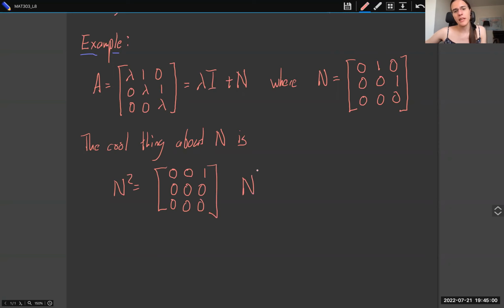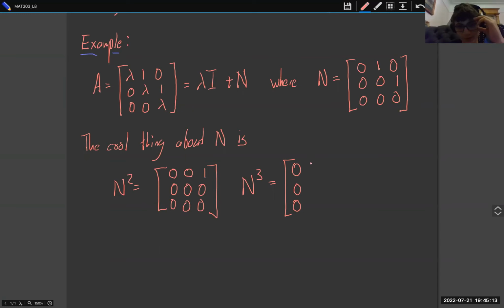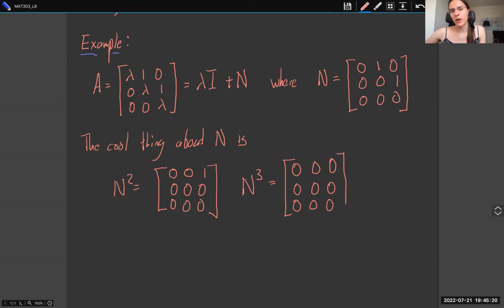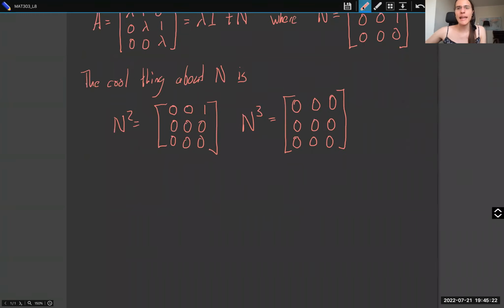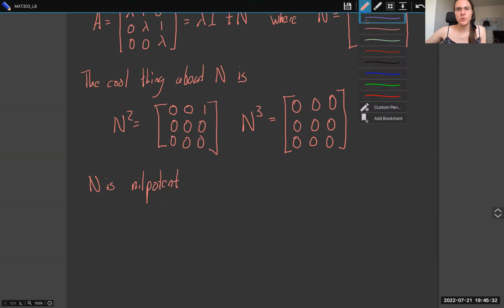And N cubed, on the other hand, well, what's that? All 0. So this matrix satisfies the property that some power of it is 0. So N is known as a nilpotent matrix. That's why I use the letter N for it.